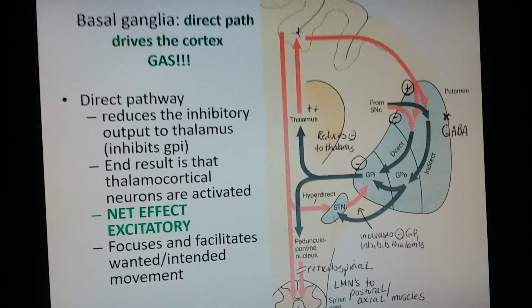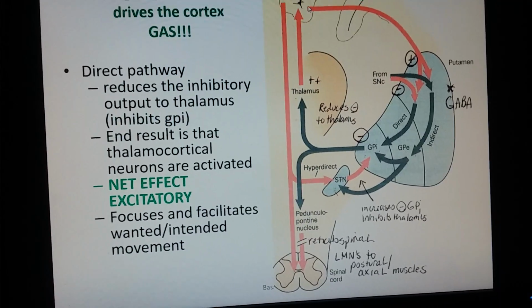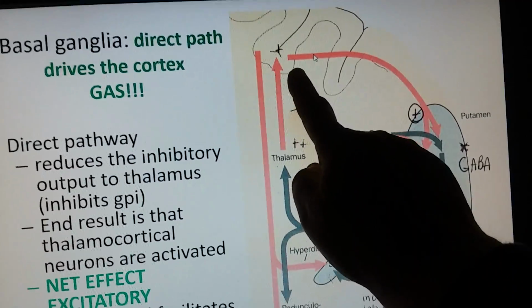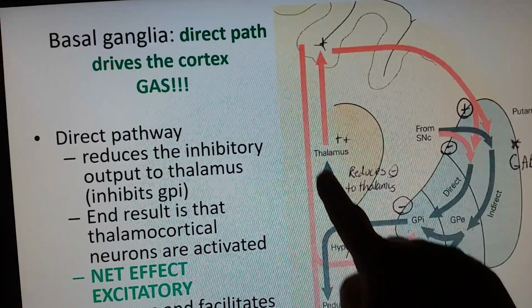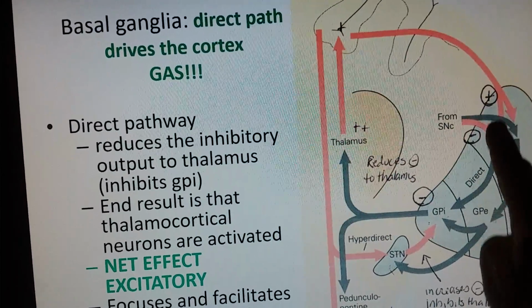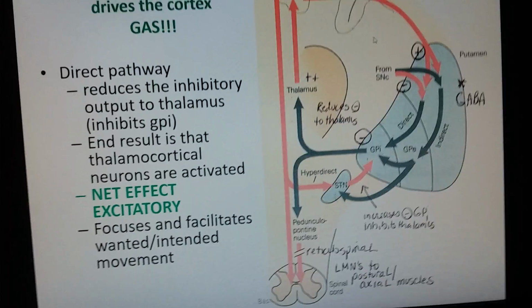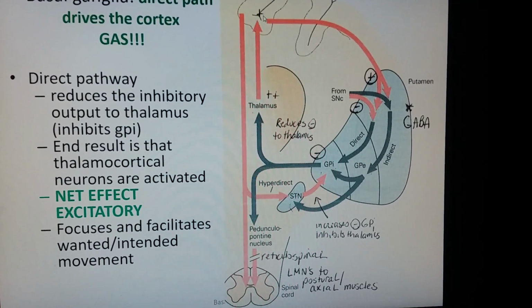Okay, let's talk about the direct pathway. So let's just take a look at this upper loop here. Okay, so from here, the short loop. So we have information coming from the cortex. Remember, this is all somatotopically organized.